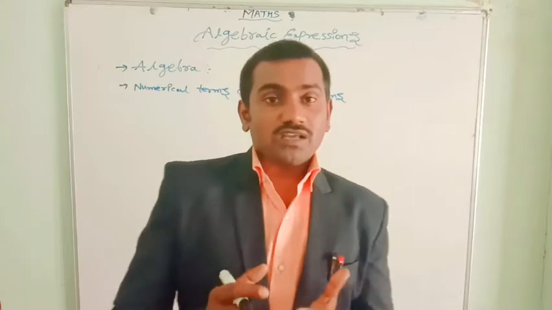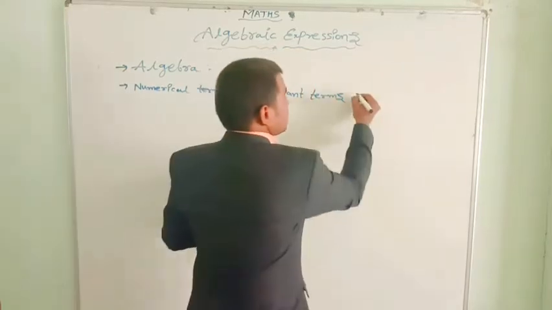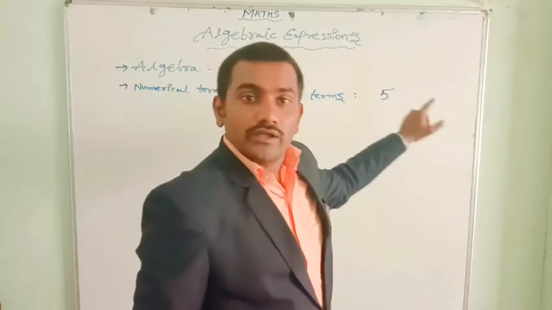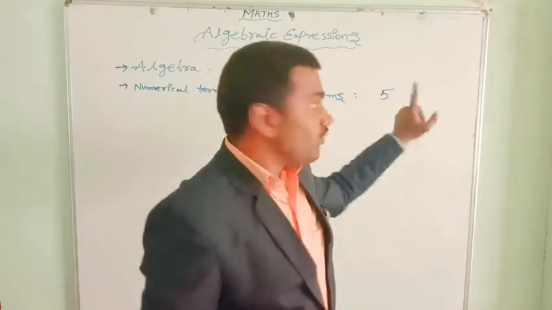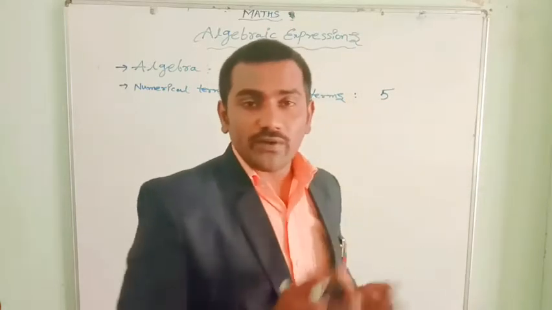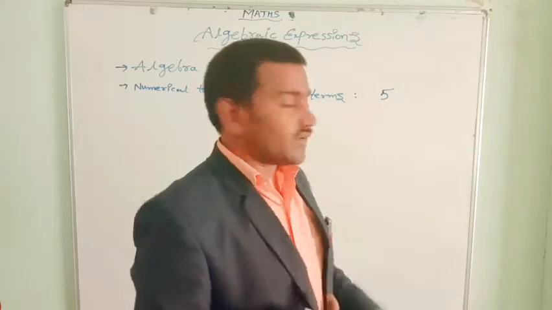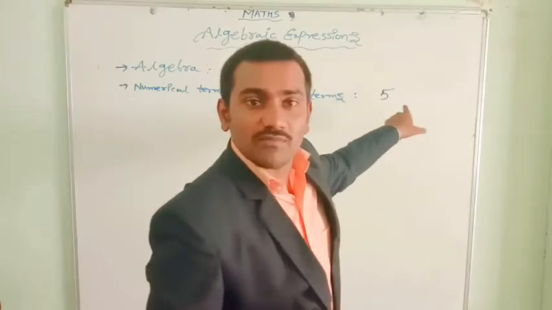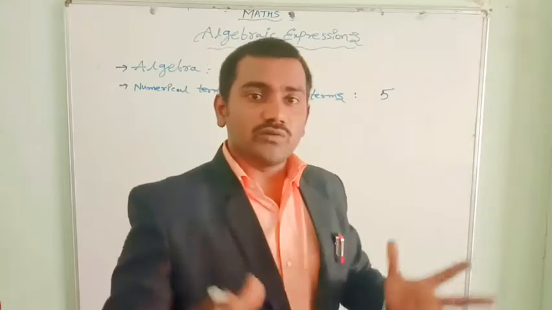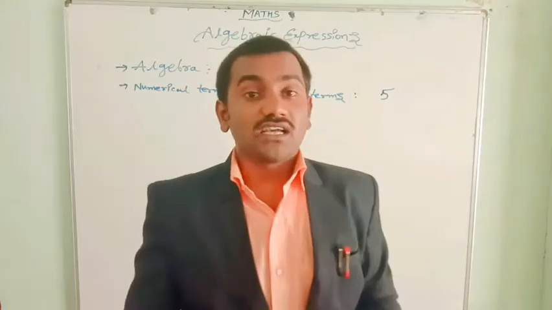So what do you study this as? Yes, this is a 5. Here you will study 5. At your home you write this 5, you will study it as 5. Go to Delhi, ask them what this is, they will tell 5. You go to America or wherever in the universe you go, everybody will tell us that is 5.